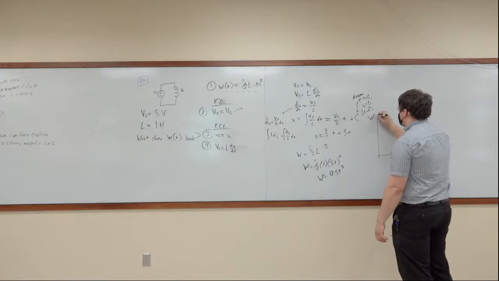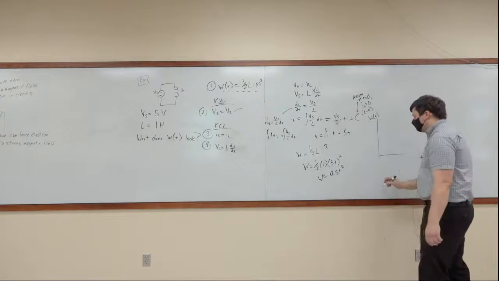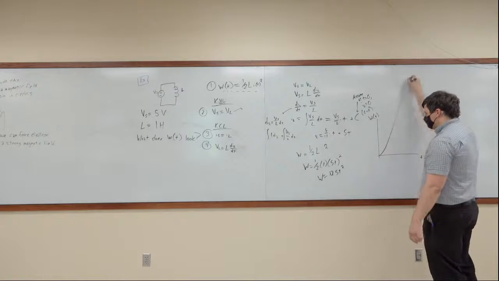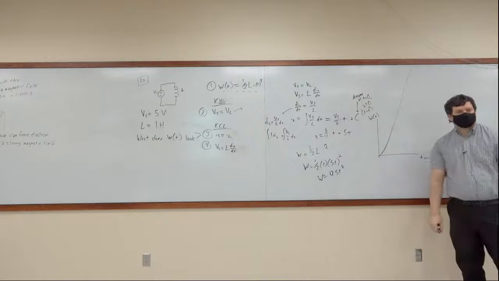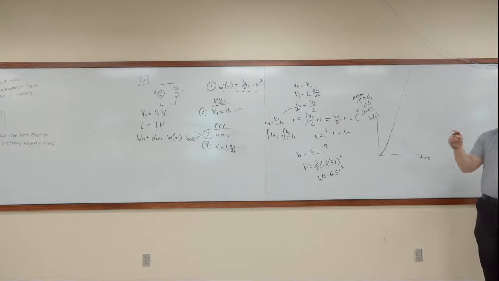Let's graph W(t) versus time. The longer this is plugged in, the more energy it stores. This is extremely dangerous. In fact, you reach a limit to the amount of energy that can be output by the power source very quickly.